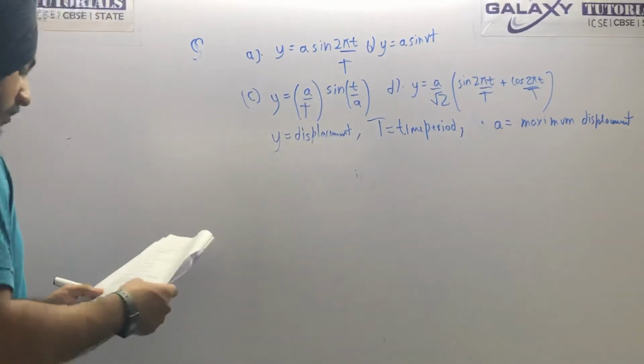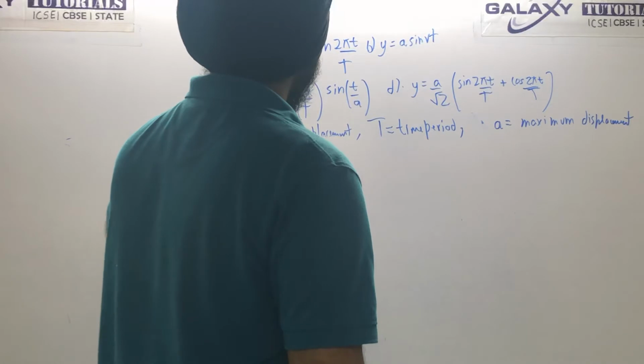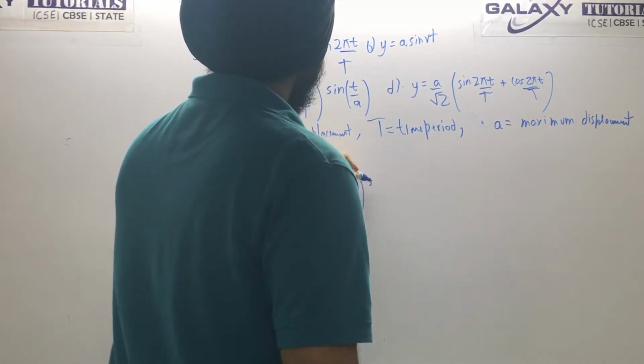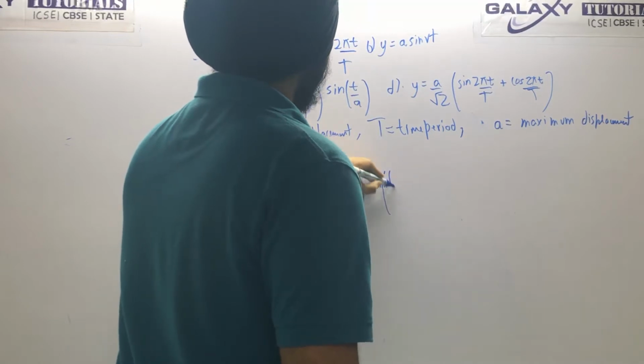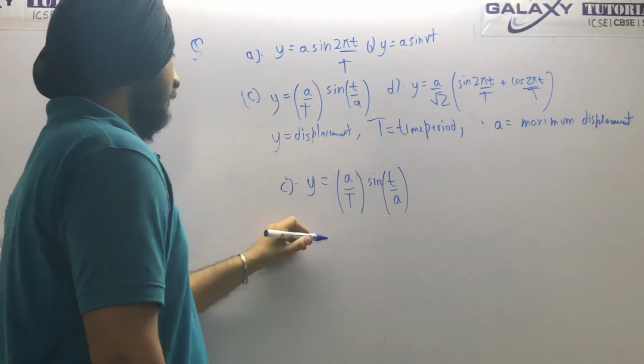The next one is y is equal to a upon t sin t upon a. Now just solve LHS first.